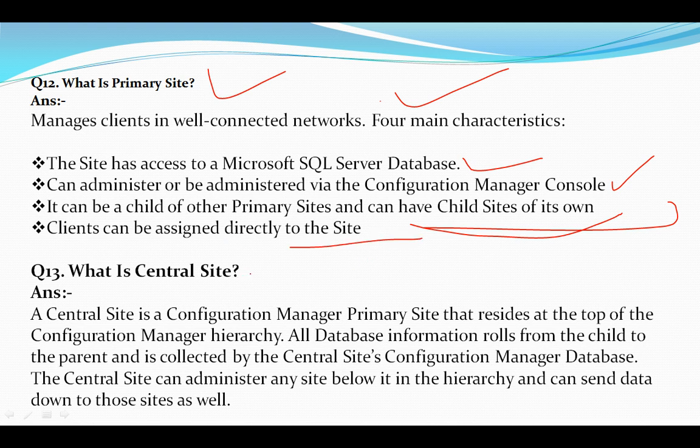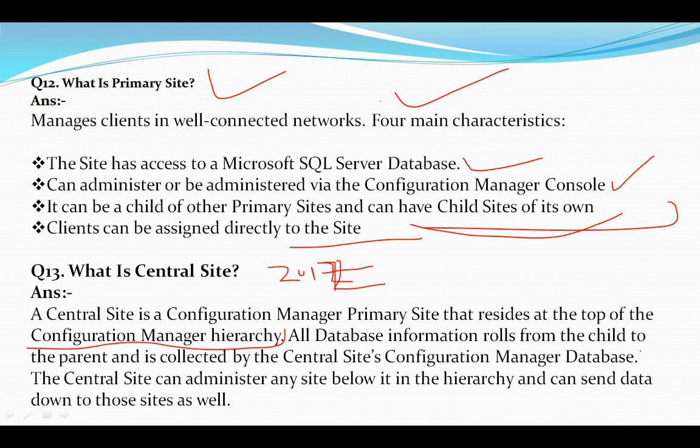In the same way, we have the central site in Server 2012. What is it actually, and what are its characteristics? A central site is a Configuration Manager primary site that resides at the top of the Configuration Manager hierarchy, as I spoke about in an earlier slide also. All database information rolls up from the child to the parent and is collected by the central site.